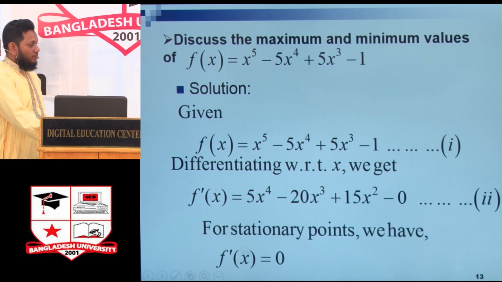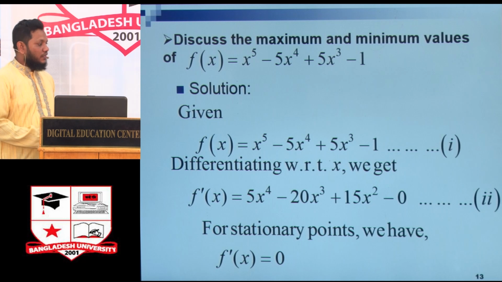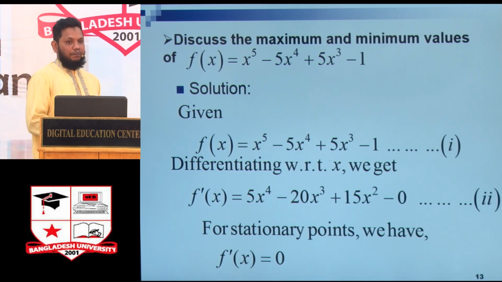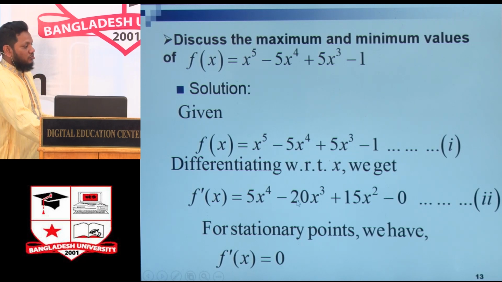Now for stationary points or critical points, we already discussed that when f prime x equals 0, then we get the stationary point. So set f prime x equal to 0. What is f prime x? f prime is this one: 5x to the power 4 minus 20x cubed plus 15x squared equals 0.